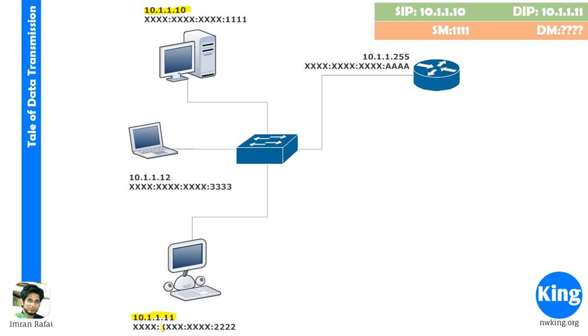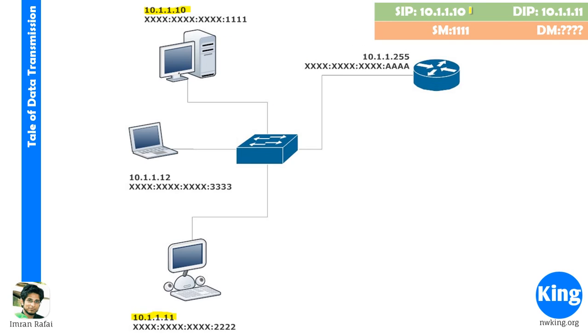Data transmission on Ethernet happens only using MAC addresses, right? So when the computer 10.1.1.10 wants to communicate with 10.1.1.11, the critical information it needs is the MAC address. But it has only these three pieces of information.